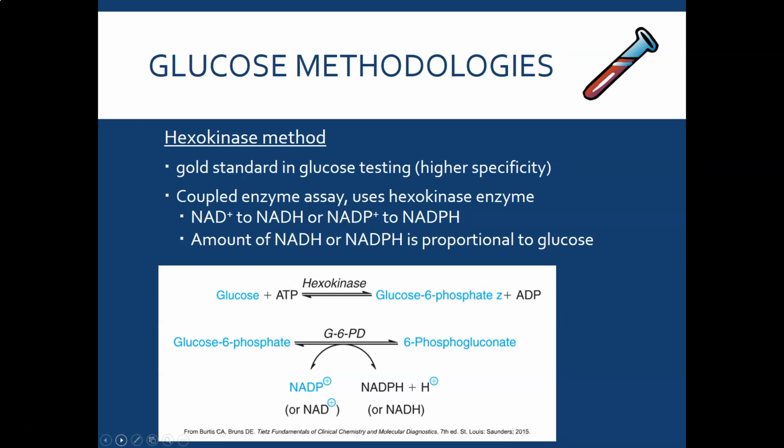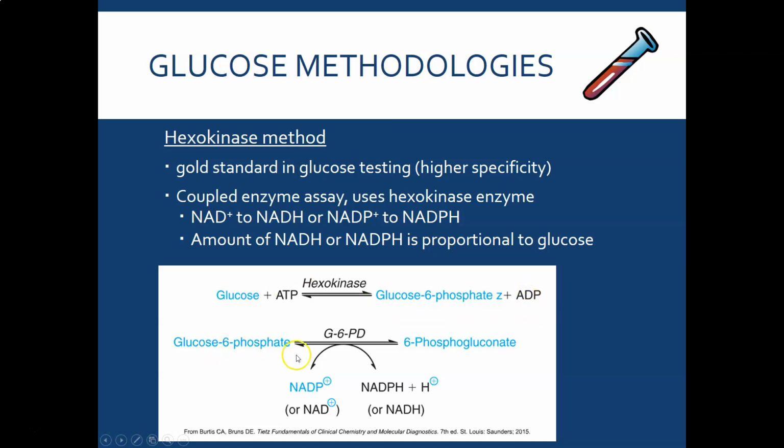There are a few methodologies used to test for glucose. The hexokinase method is the gold standard in glucose testing. It is the reference method and has higher specificity. It is a coupled enzyme assay. It uses a hexokinase enzyme, and basically glucose and ATP will react with hexokinase to produce glucose 6-phosphate and ADP.